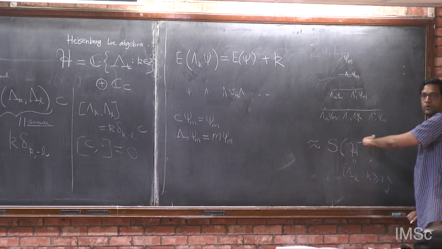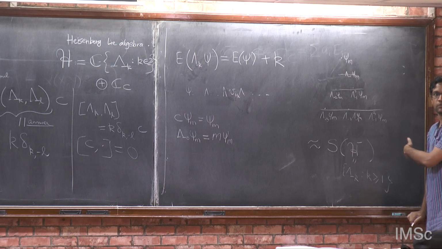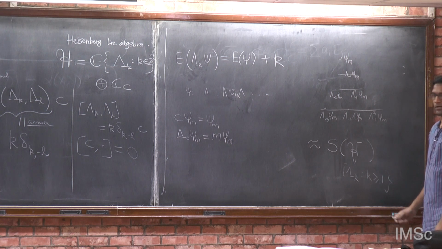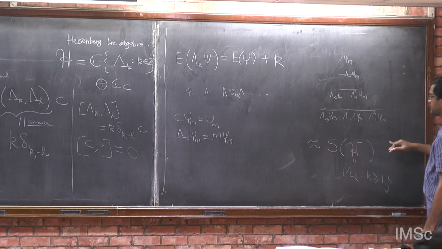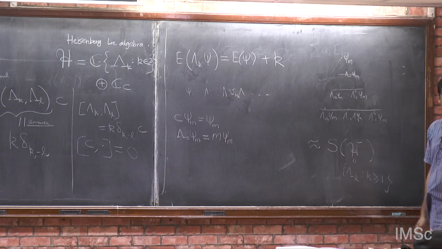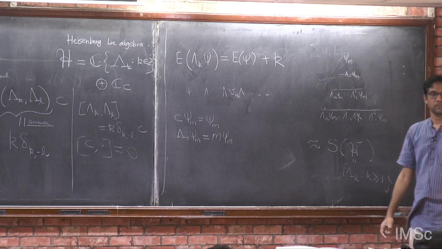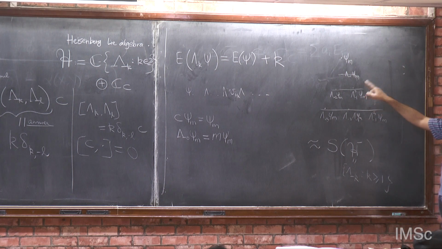Then the next level, 4, 3 1, 2 2, etc. So the pieces at level D have dimension exactly the number of partitions of D. This representation of the Heisenberg algebra has the property that the pieces at grade D have dimension exactly P of D.